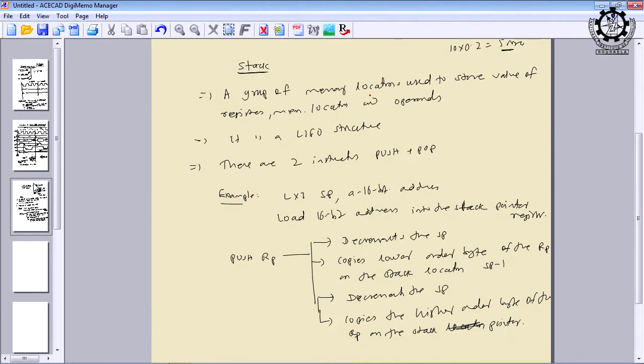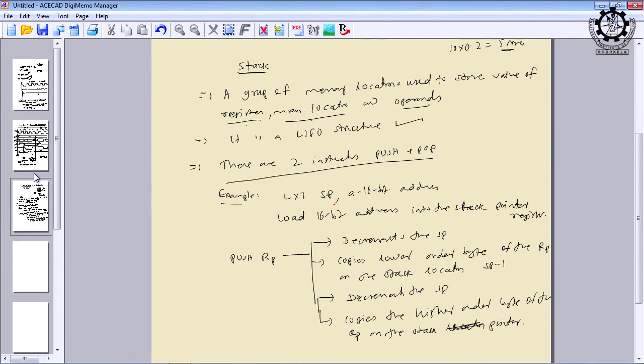What is the definition of stack? A group of memory locations used to store values of registers, memory locations and operands. It follows the same LIFO structure, last in first out, but in data structure there are 4 operations associated, whereas here there are only 2 operations, push and pop.